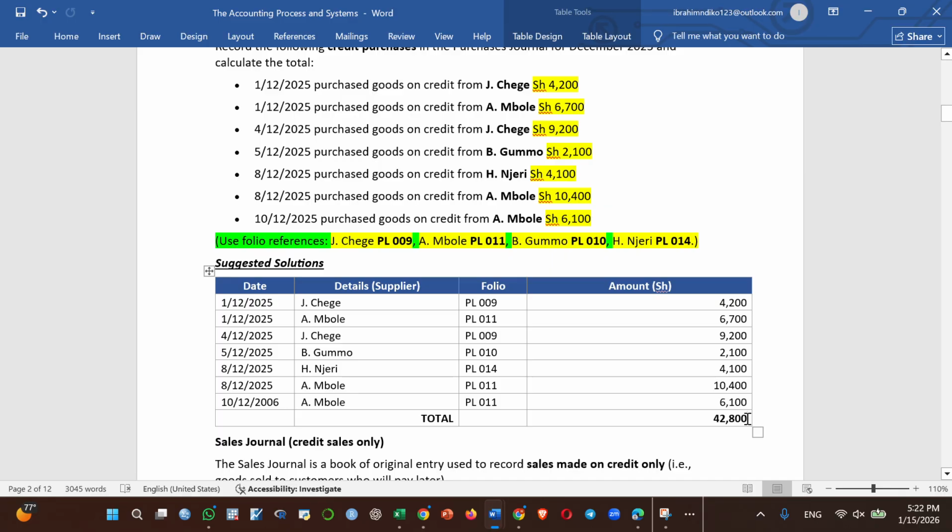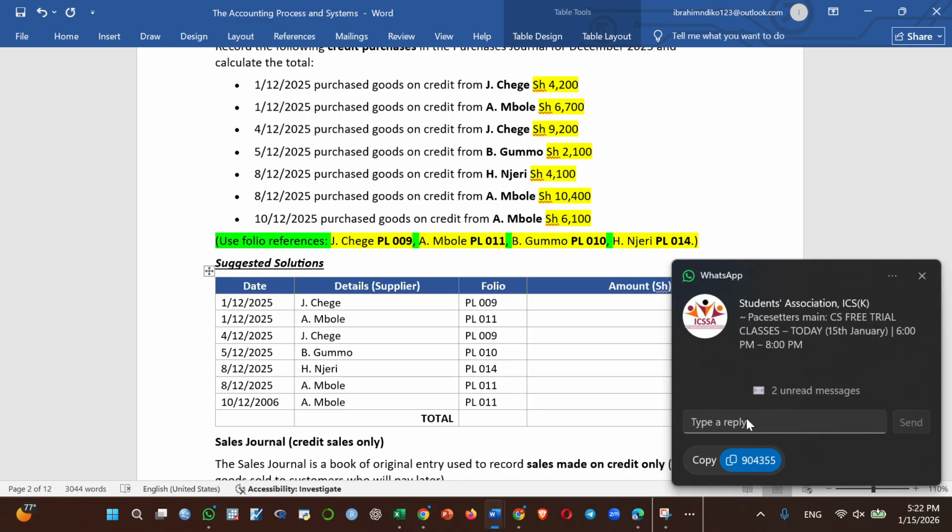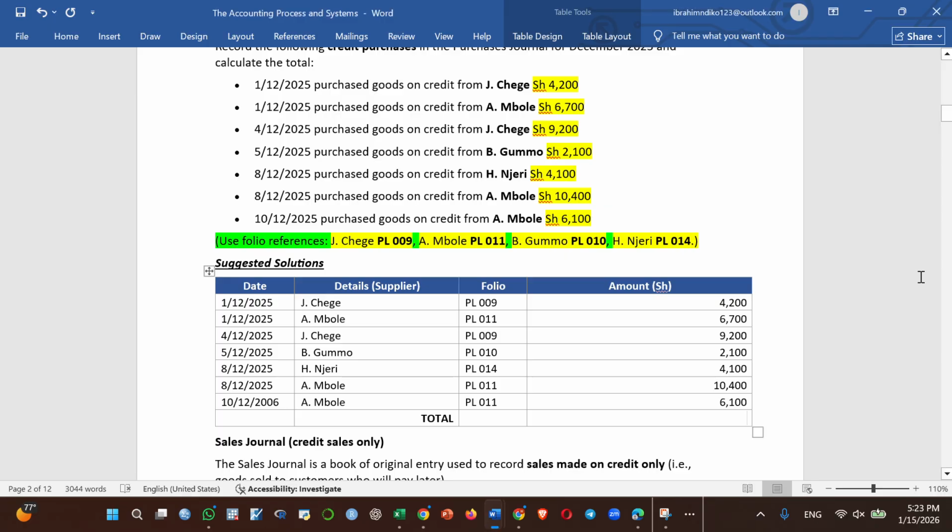So let me confirm this is the total. So we add 4,200 plus 6,700 plus 9,200 plus 2,100 plus 4,100 plus 10,400 plus 6,100. So I'm getting 42,800.